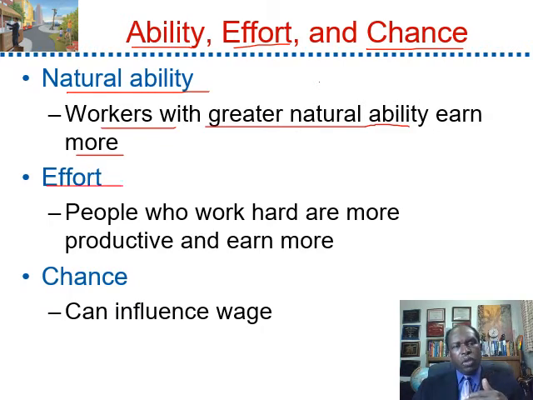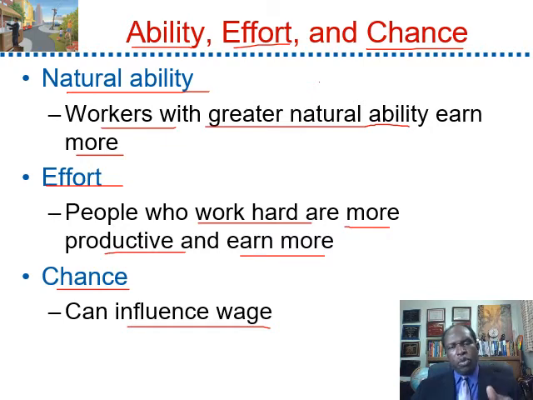The effort is the second reason. People who work hard are more productive and earn more money than people who don't put effort into the work. Chance can also influence wages. If you get a good paying job, then that can also help you to earn more.